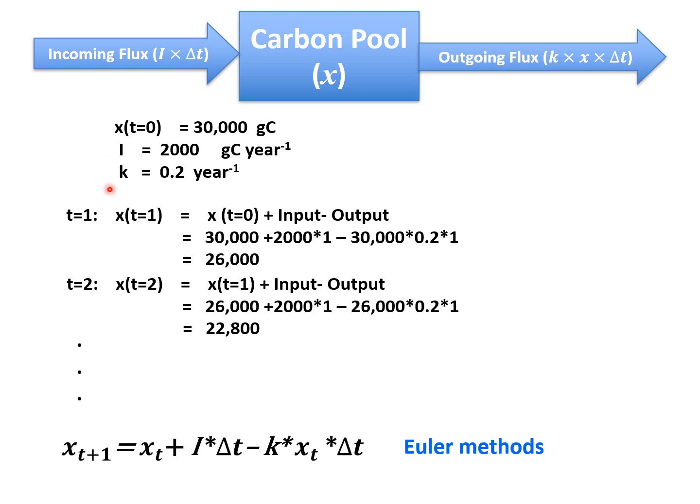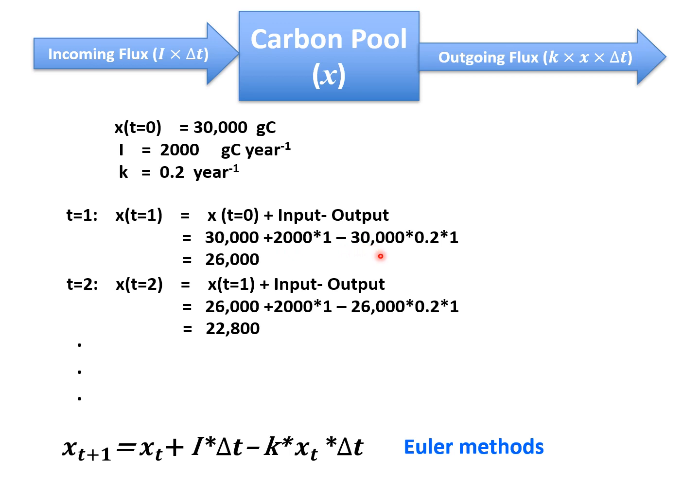So when t equals 1, the pool size at t equals 1 equals the pool size at t equals 0 plus the total income flow and minus the total outgoing flow. That is 30,000 plus the total income flow, which is the input rate multiplied by the time, that is 2,000 multiplied by 1.